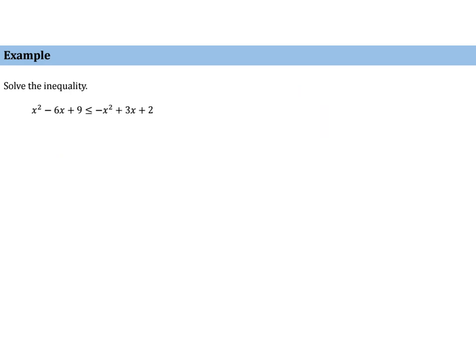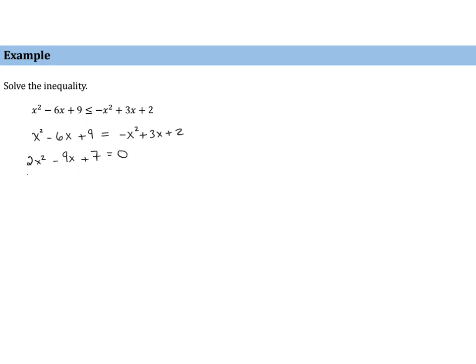So now let's take a look at our next example. Again, let's solve the corresponding equation. X squared minus 6x plus 9 equals negative x squared plus 3x plus 2. If we add x squared and subtract 3x and subtract 2 from both sides, we would get 2x squared minus 9x plus 7 equals 0.